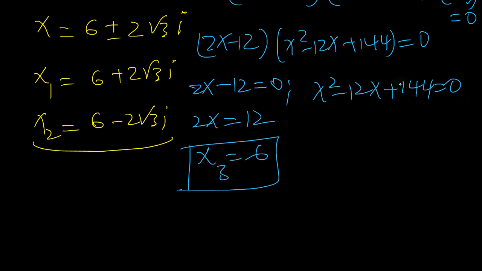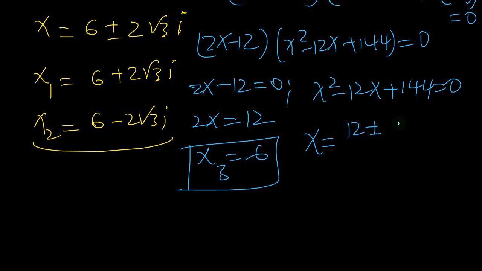And now solving this one, we're going to have x equals negative b, so 12 plus or minus the square root of b squared minus 4 times this one here.